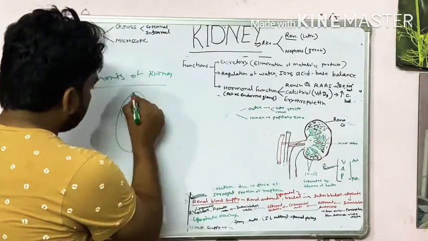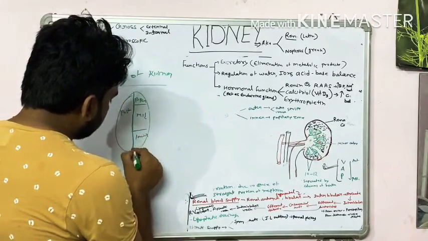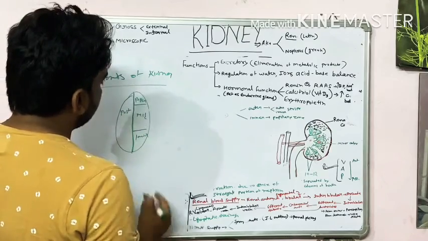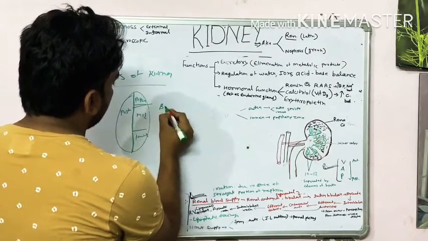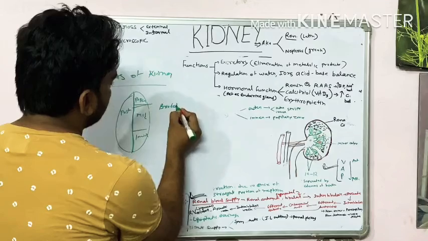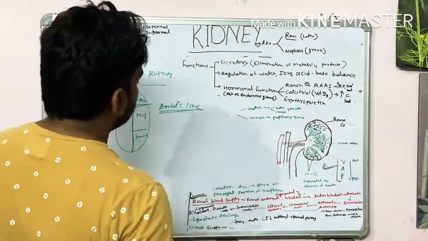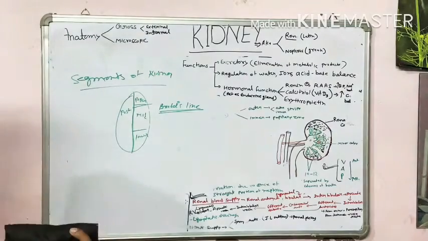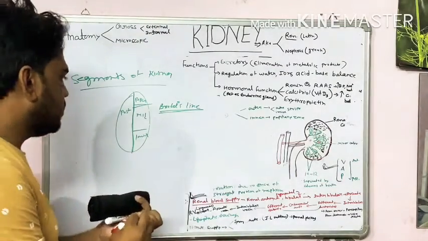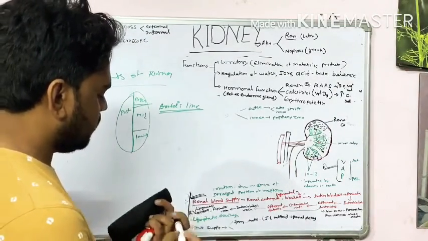This is the region which divides the anterior and posterior parts: Brodel's line. This is very important. Why? This is the avascular region.